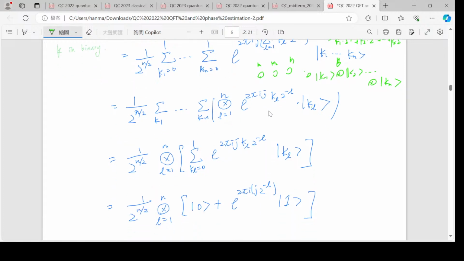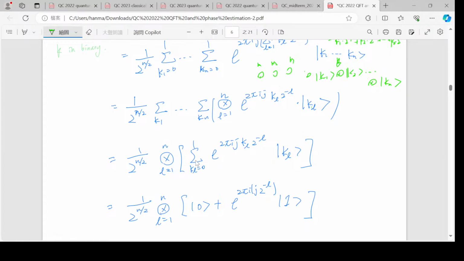We see that we have terms that only depend on k1, terms that only depend on k2, and terms that only depend on kn. And we also have those summations over different k, right? So the summation over k1 to kn. And so we can put the summation into each k. Okay. So we can have the summation over k1 together with k1, the summation over k2 together with k2, and the summation over kn together with kn.